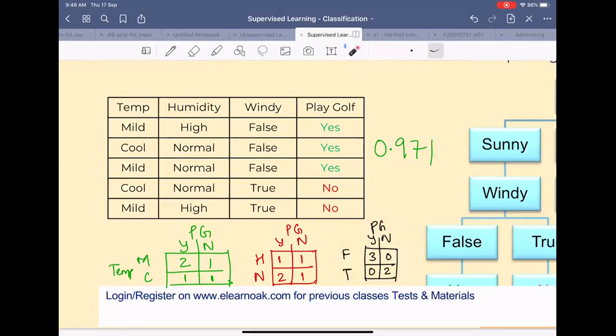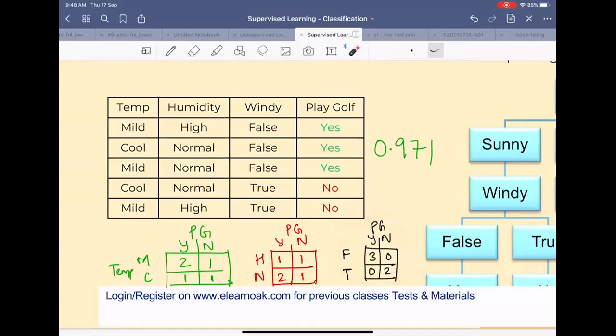I have either all yes or all no, depending upon windy being false or true. This will give me the least entropy, right? Because I will have a pure subset.